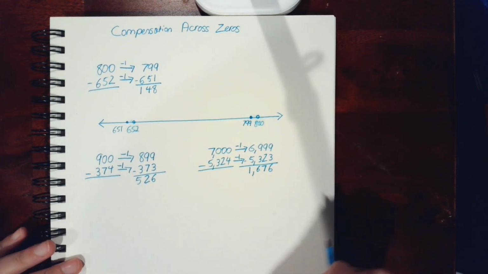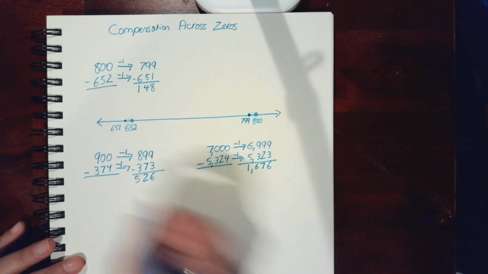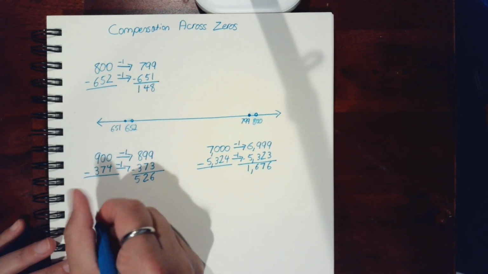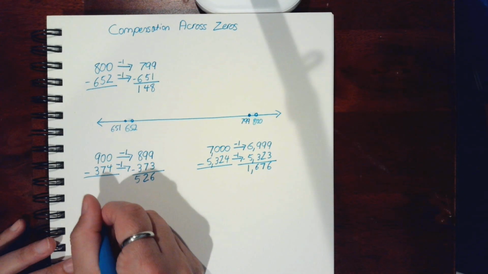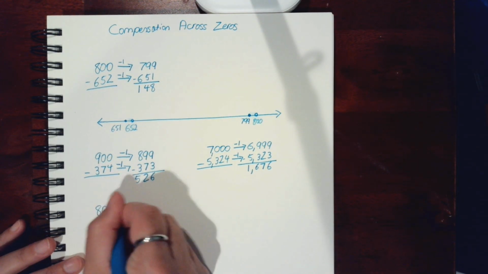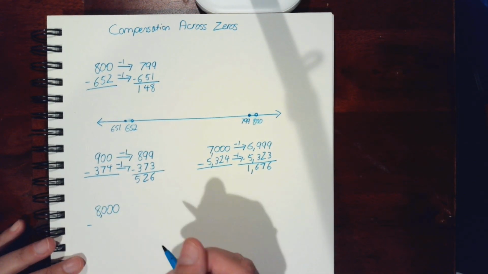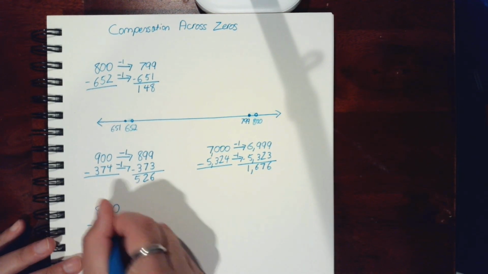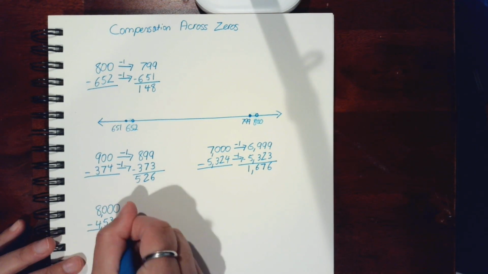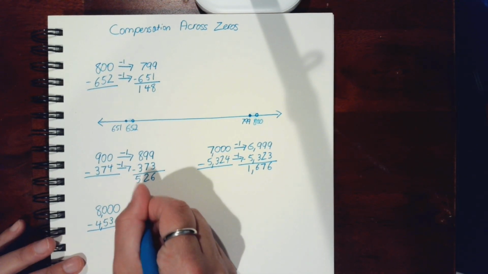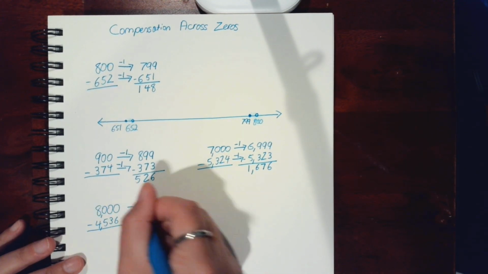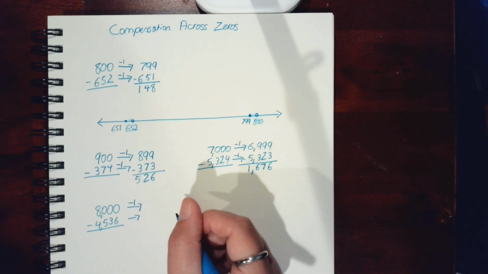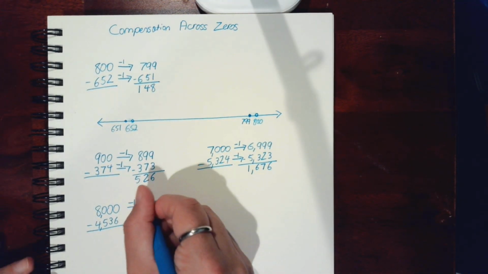Okay, let's do one more. Let's do 8,000 minus 4,536. Again, I'm going to take 1 away. So what comes right before 8,000?